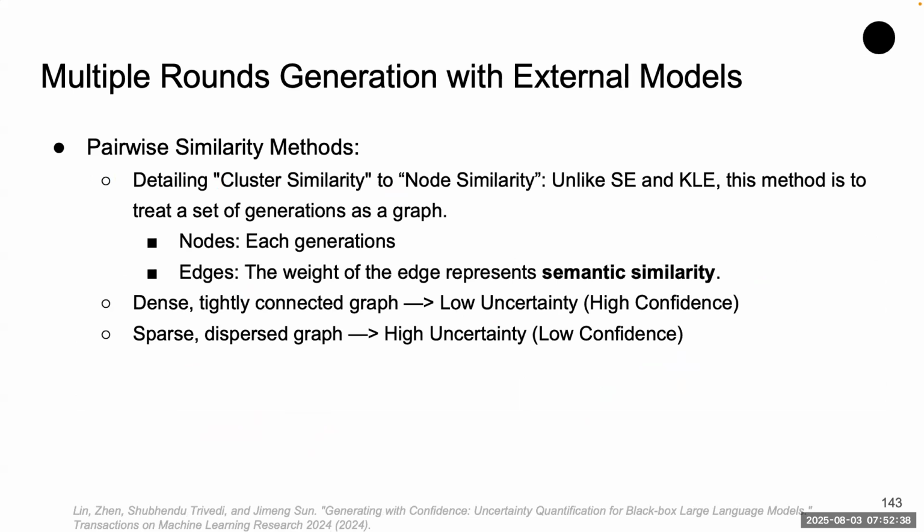We can just calculate the similarities between the generated answers and directly apply spectral clustering or eigenvalue decomposition to decompose this matrix into certain clusters. And the divergences between the clusters in the similarity matrix could just be the indicator for the uncertainty.